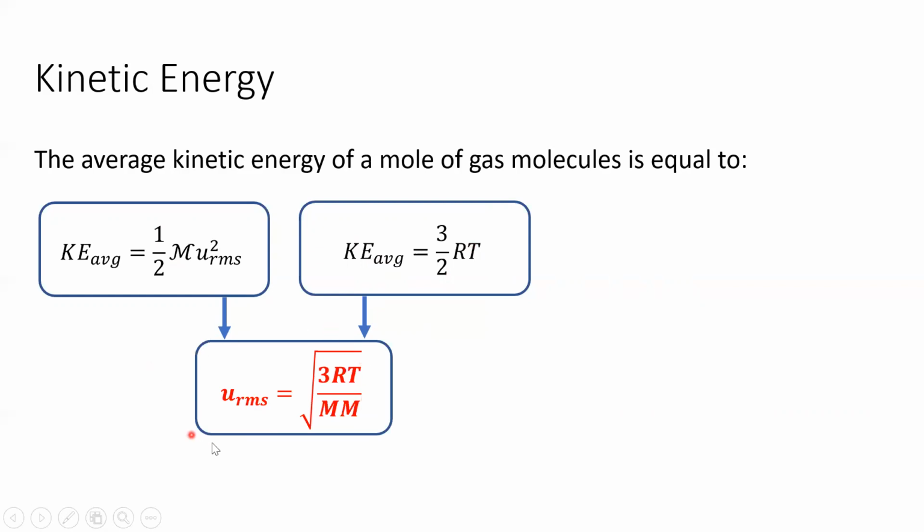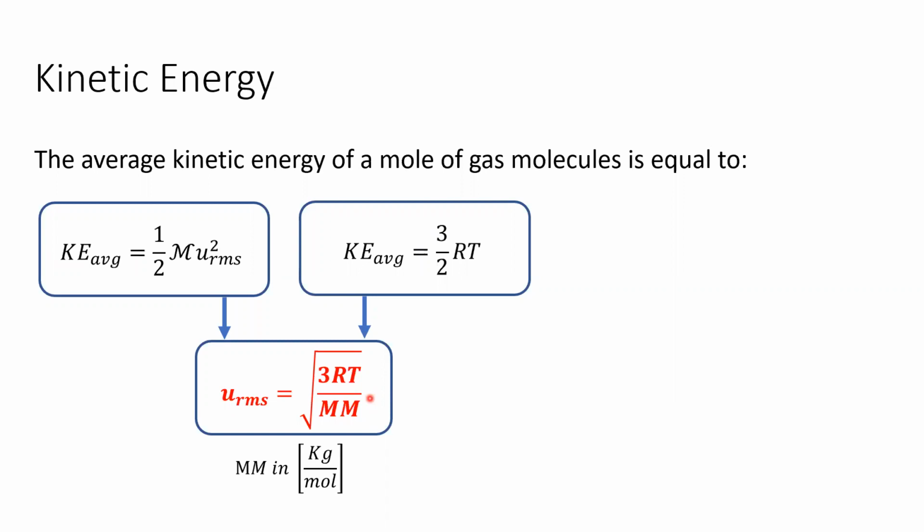Now, this equation is in red because this is an equation you need to know. The other equations that we just talked about show you where they came from. So the root mean square velocity equals the square root of 3RT over the molar mass.